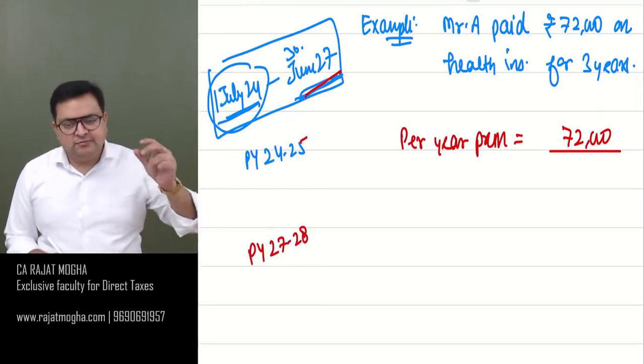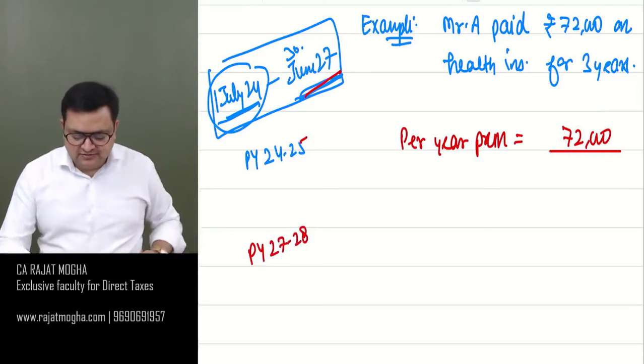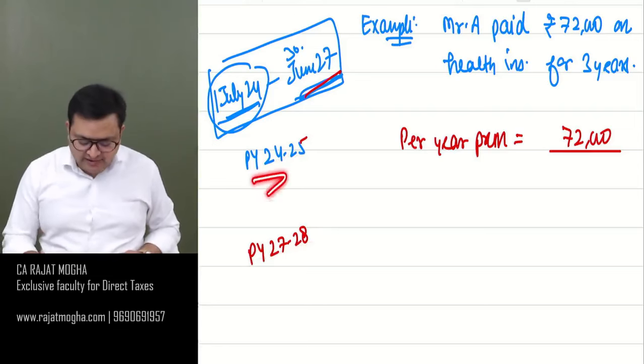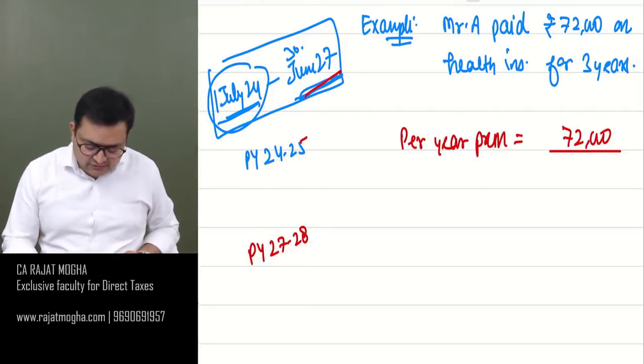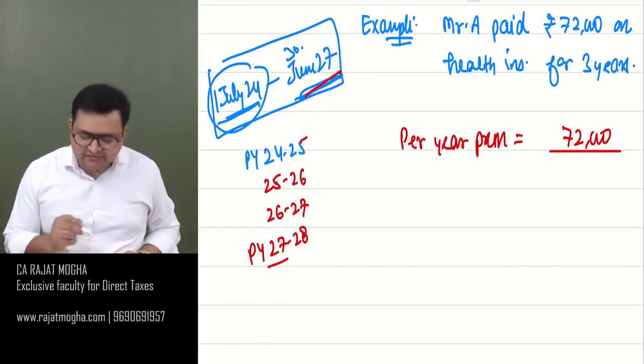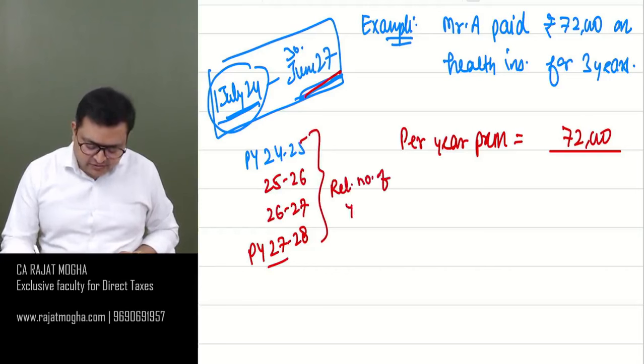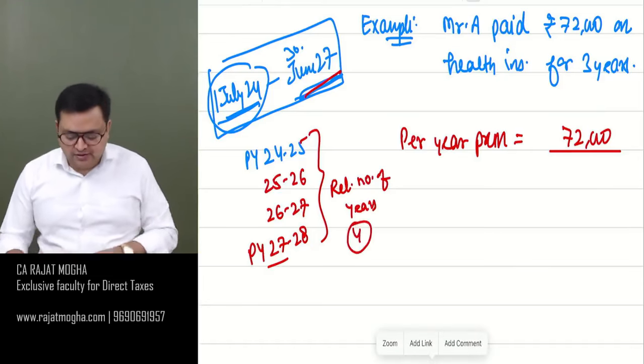Now, this policy is touching starting from this previous year to this previous year. Obviously, the middle previous years are also there: previous year 25-26, previous year 26-27, and then 27-28. So actually, these are the number of relevant previous years, which is 4.